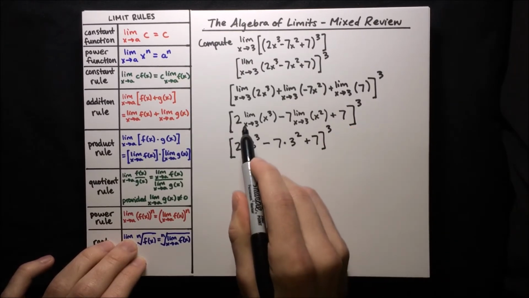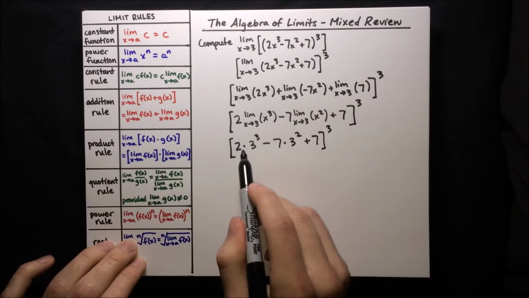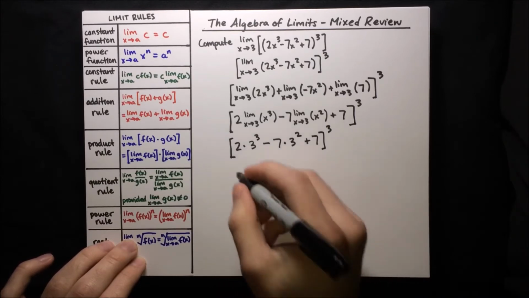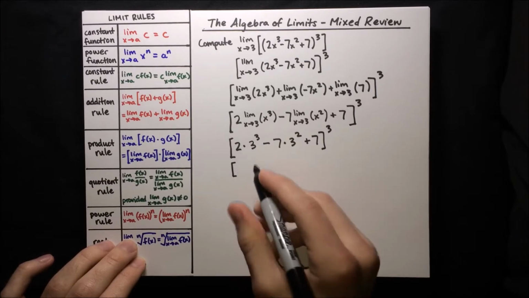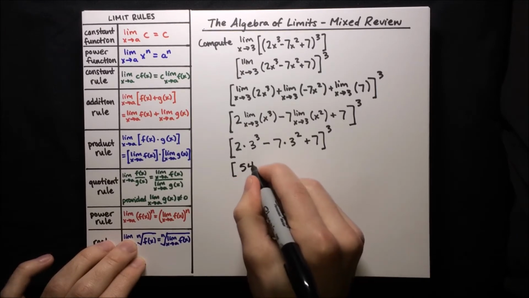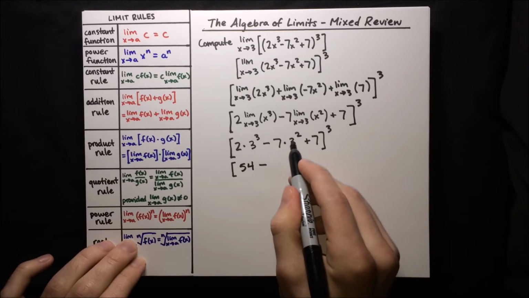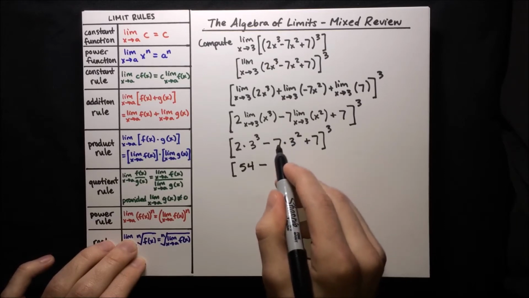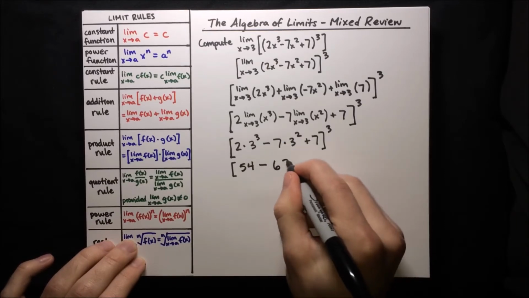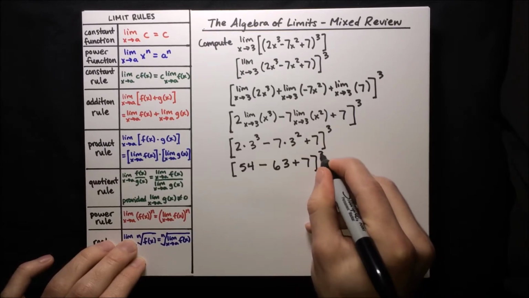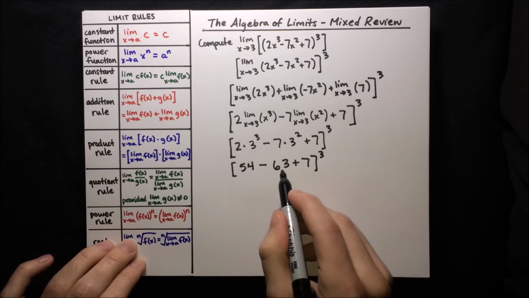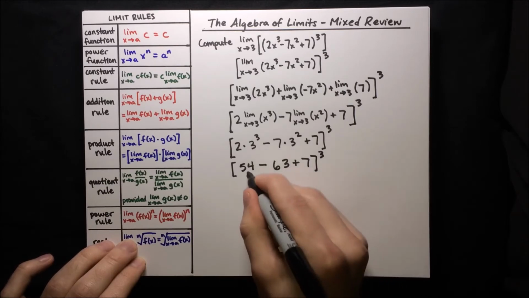And now we're done doing all the limit stuff, and it just remains to actually compute this. So 3 to the third is 27, and then times 2 is 54. Then minus 3 squared is 9, then times 7 is 63, and then plus 7, all raised to the third power. 54 minus 63, let's write that down here.